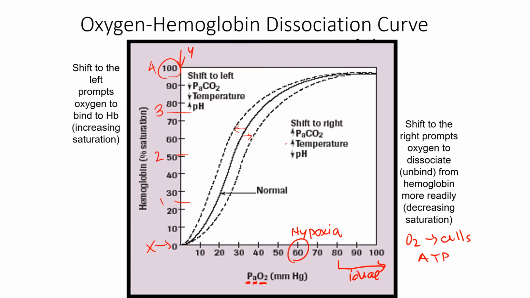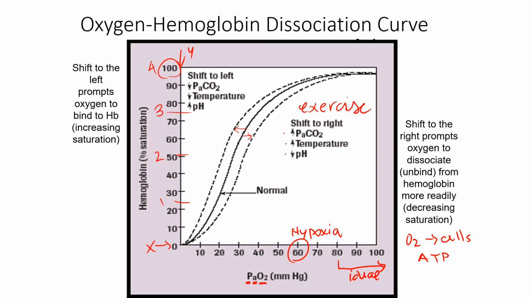You are increasing your hydrogen ion concentration due to acidosis, perhaps through exercise. There's that decreased pH. And of course, during exercise, we burn off more ATP. That can create more CO2. So exercise would be a great example of what would cause a shift to the right.